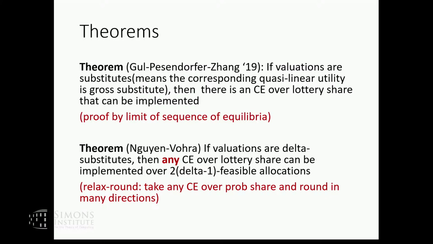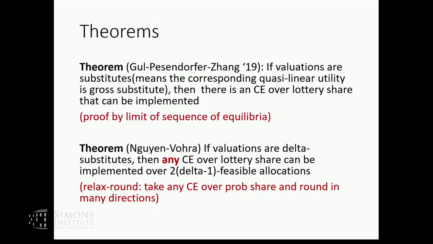So Rakesh and I, in 2021, proved that actually, if the valuations are delta substitutes, then any competitive equilibrium over lotteries, you can implement it with violations of 2 delta minus 1. So the difference here is that it holds for any equilibrium, and it also generalizes to delta substitutes.